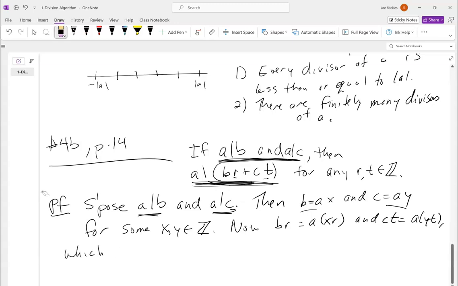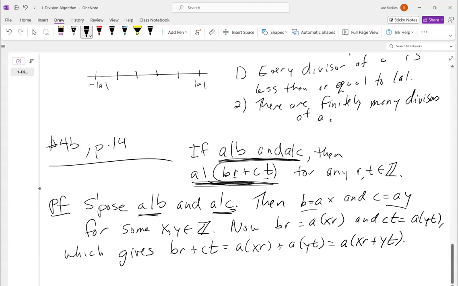What do we want to do with those two equations now? Add them. So BR plus CT will be A times XR plus A times YT. What can you do on the right-hand side? Factor out an A. Now do we have A times something gives us BR plus CT?